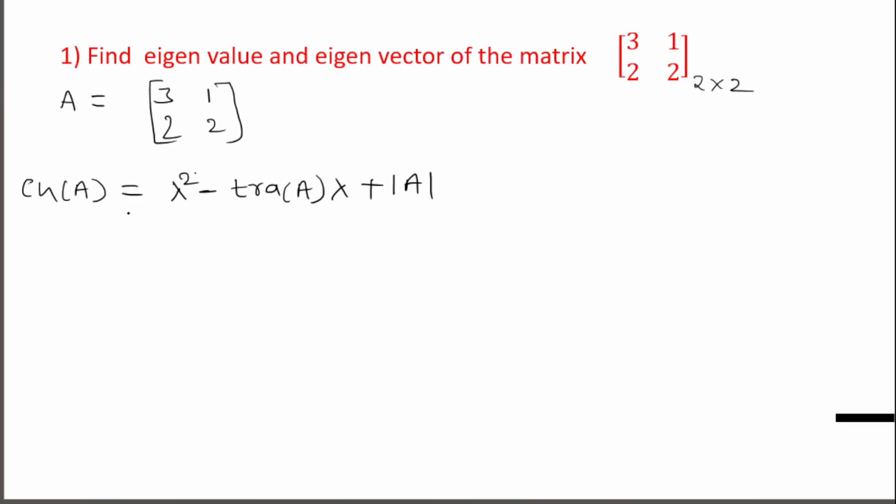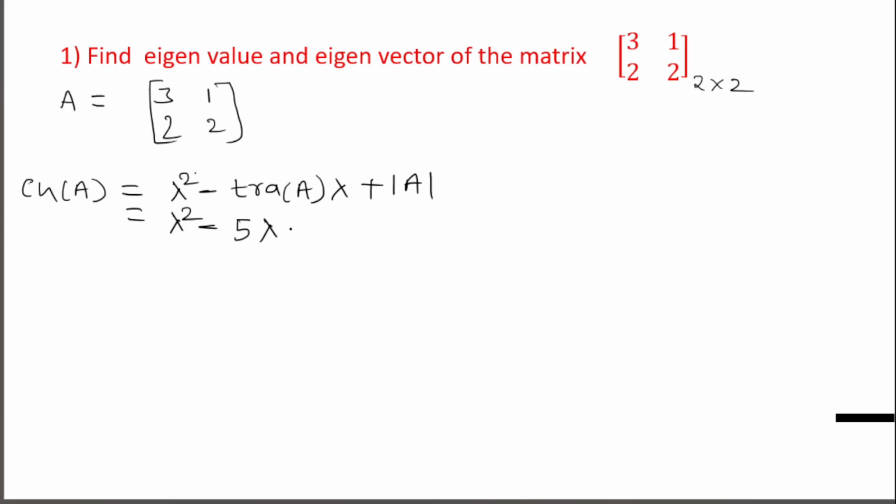Here, lambda square minus trace. Trace is the sum of the diagonal elements, that is 3 plus 2. Here diagonal elements are 3 and 2. This sum is 5. Hence the trace of this matrix is 5 lambda.